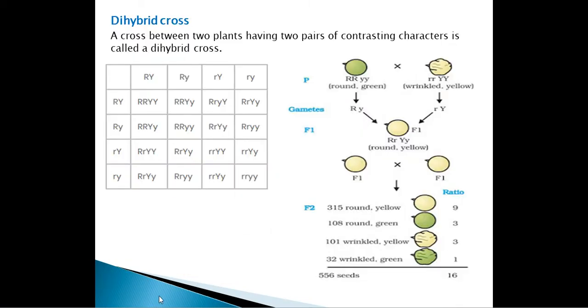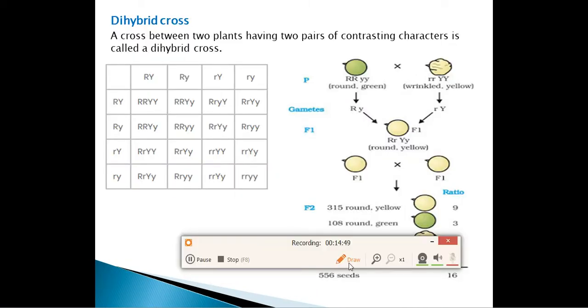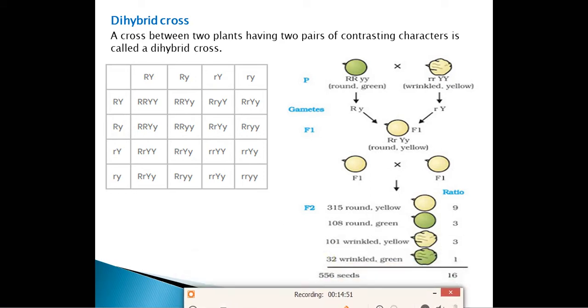Now let's read about the dihybrid cross. In a dihybrid cross, we have to take two pairs of contrasting characters. Right? So a cross between two plants having two pairs of contrasting characters is called a dihybrid cross. So let's take a seed which is round and yellow in color, and another seed which is wrinkled and green in color.